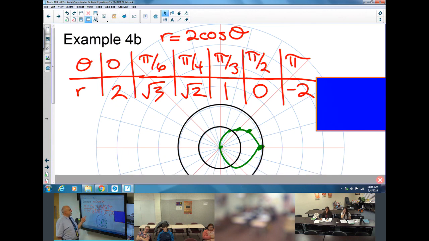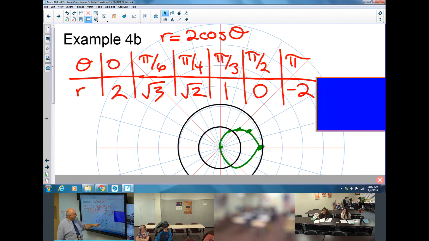And so then you say, all right, 0, 2. The angle is 0, and you come out 2. Then the next angle is pi/6, and you're coming out radical 3, which is a little bit more than halfway, 1.7.